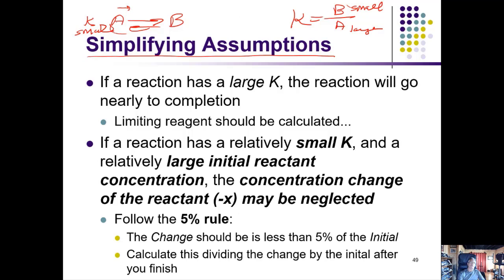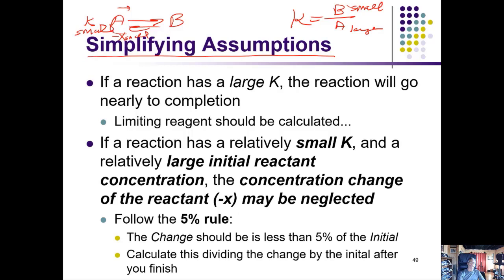That means this is a big value down here. So when we calculate X under that set of circumstances, the amount of X that disappears from this reactant may be possible to ignore with respect to that large concentration of reactant at equilibrium, because this value is so small as to be insignificant.